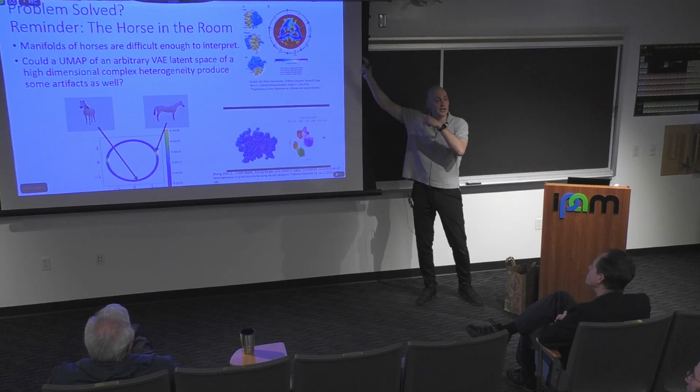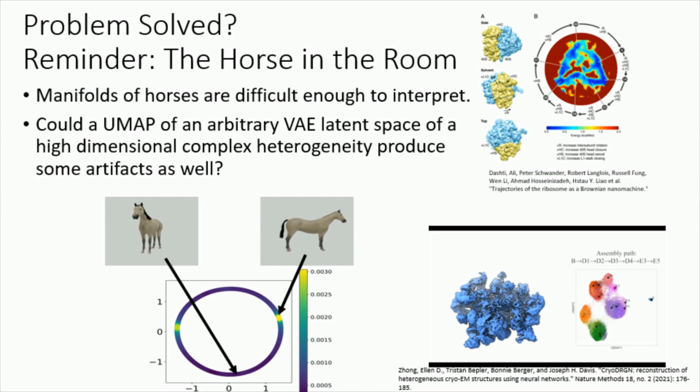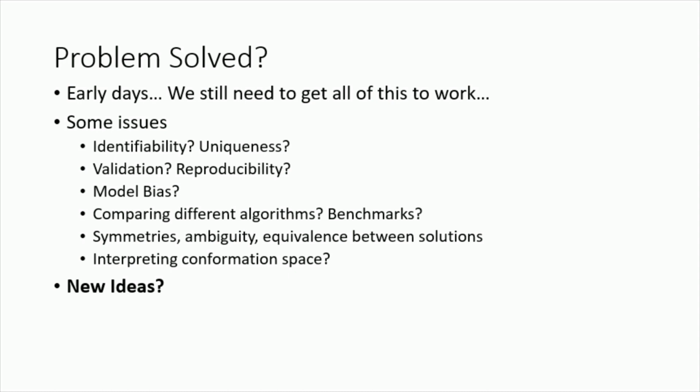By the way, even different algorithms wouldn't produce the same map. Even different runs with different seeds of the same algorithm wouldn't produce the same map. So we can't even compare them. And basically what I'm saying is, the problem isn't solved just yet.